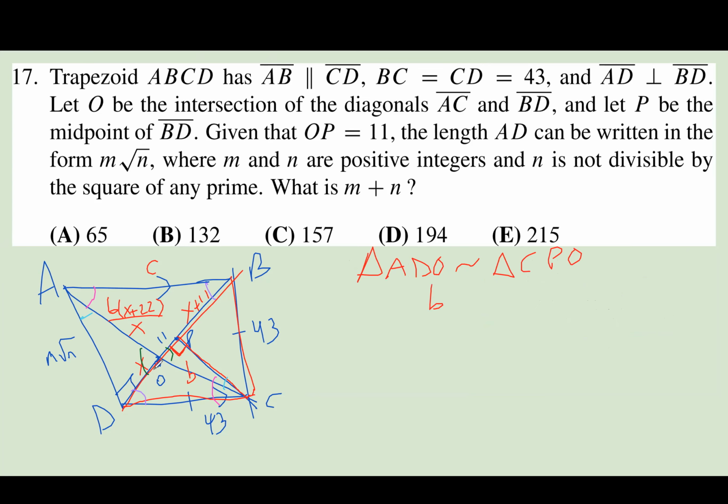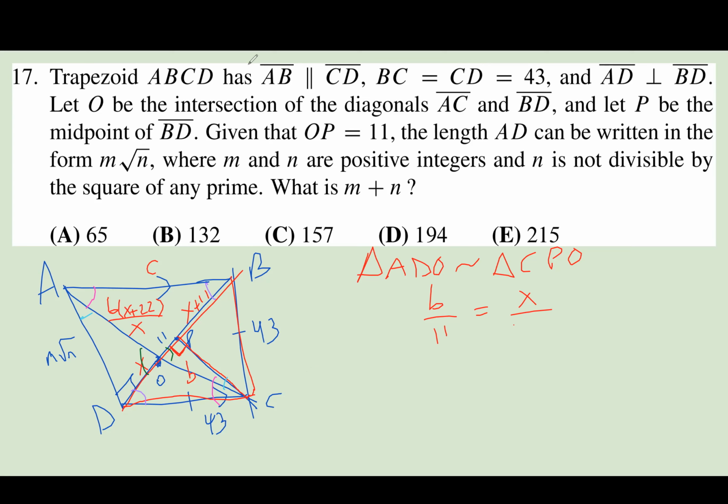So therefore, b over 11 equals a over x.